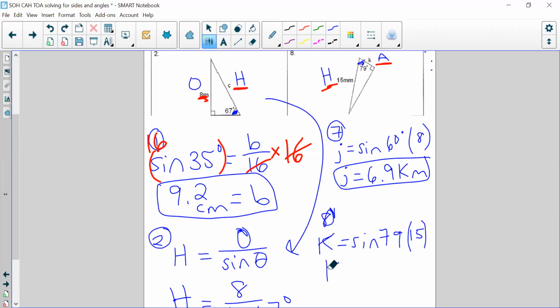Again, you have got to use a calculator. Sine 79, we have no idea what that is. It's a decimal, so I'm just going to plug that into the calculator.